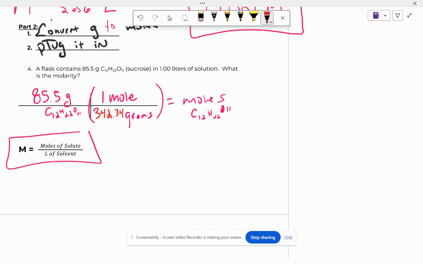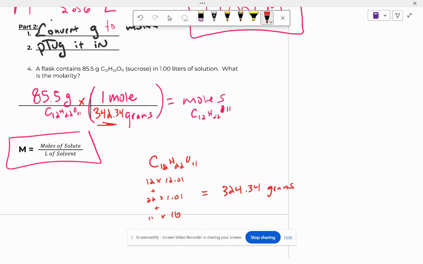How I got that number is I took C12H22O11 and added it up: 12 times 12.01 plus 22 times 1.0. You don't have to write this down if you know where you got it from. Plus 11 times 16, and that's 342.34 grams.